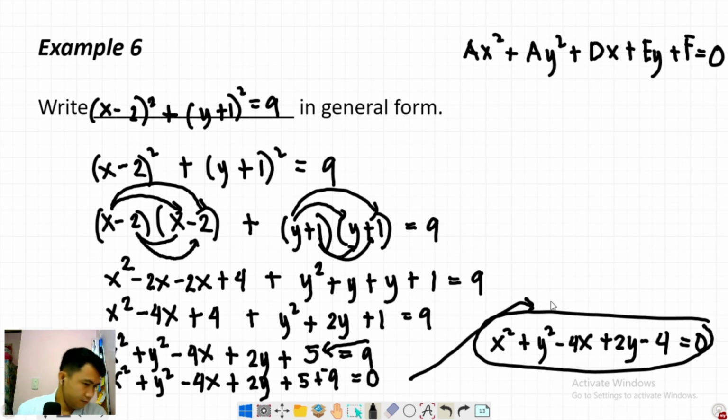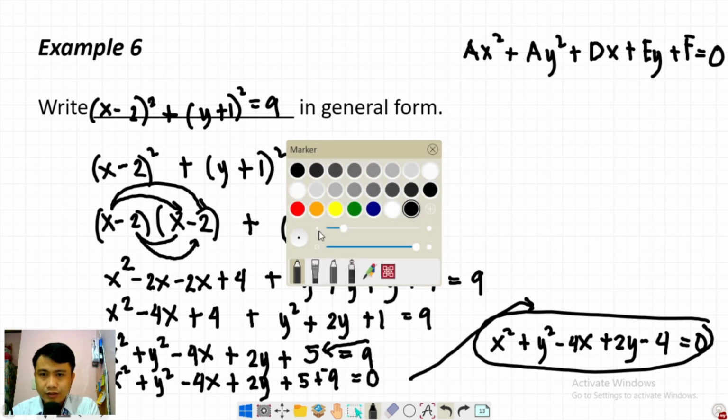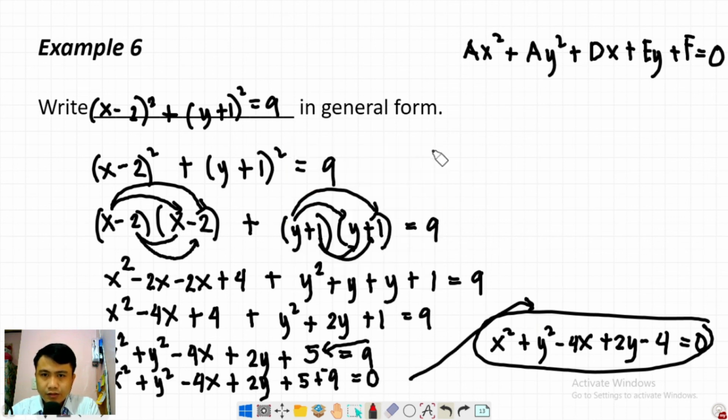Yan. Okay, pero dun sa mga magaling sa special products, dito sa part na ito, yan, yung pag-foil ko kanina, instead of foil method, you can use special product, yung square of a binomial.